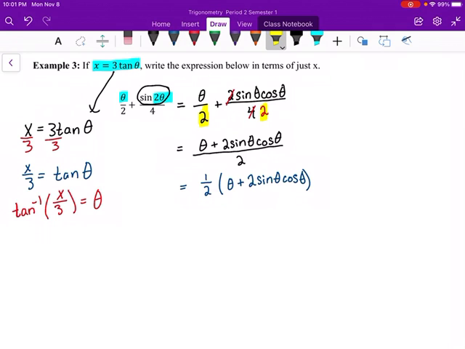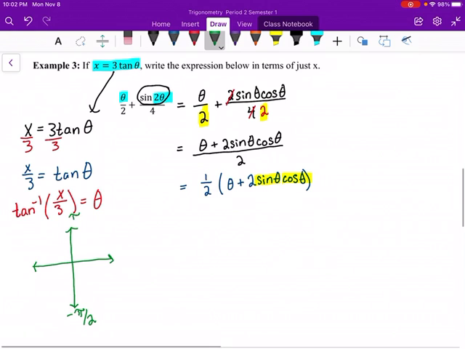Now you'll look at what we have in our equation. We have sine and cosine. So what we are going to do is we're going to figure out what both of those equal. So we're going to use this information. We know that the inverse tangent goes from negative pi over 2 to positive pi over 2 from last chapter.